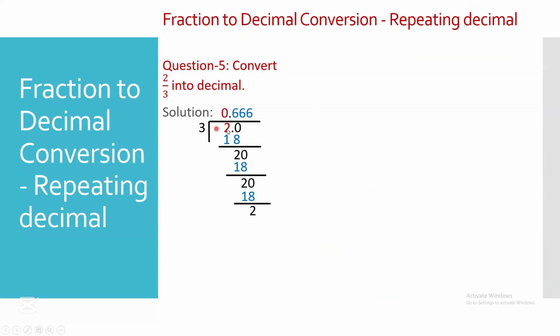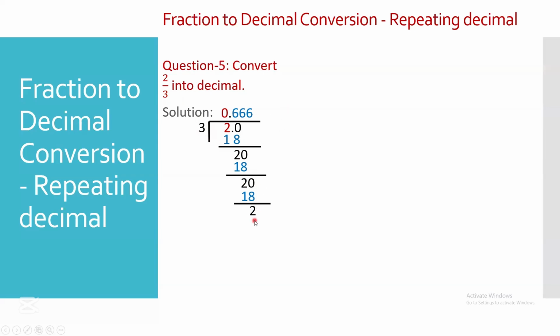Now if you divide 2 by 3, see what happens. You cannot divide 2 by 3, so take a 0 here, the integer 0. Now the decimal point comes with 0, put the decimal point here. Now it becomes 20. Now 3 sixes are 18. If you subtract 18 from 20, 2 will come here. You will get a 0 free, and again 3 sixes are 18. You see, again if you subtract, you will get 2, and you bring down a 0 free.